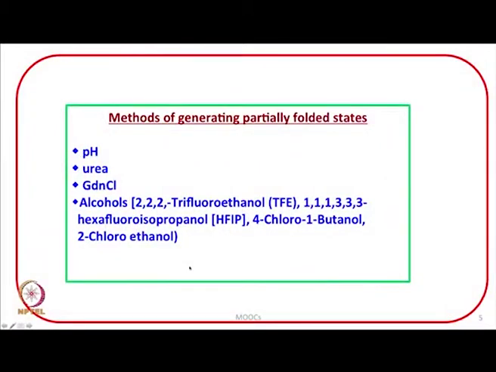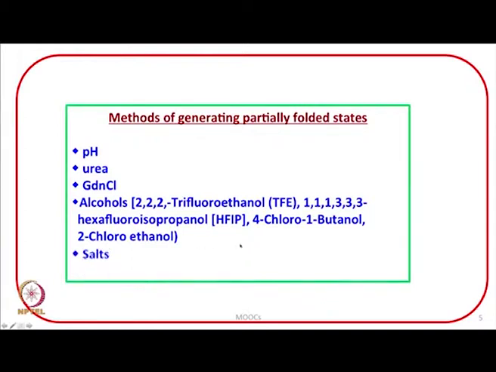And let us again go back to the slide. The other alcohols which have been used to generate the molten globule like structure are 4-chlorobutanol and 2-chloroethanol.